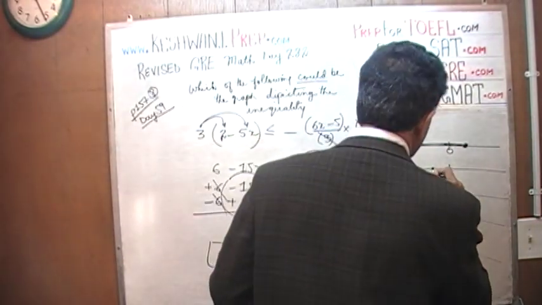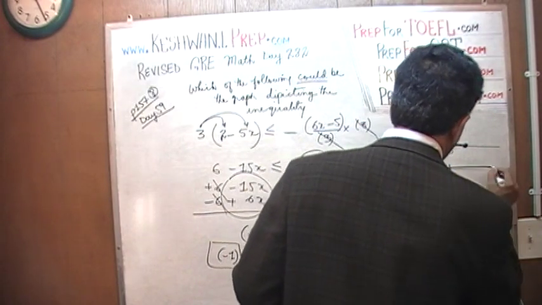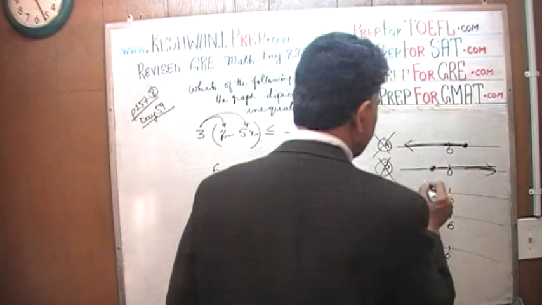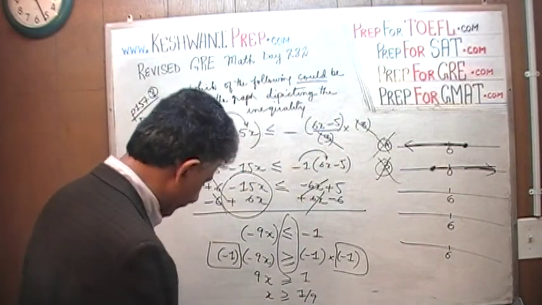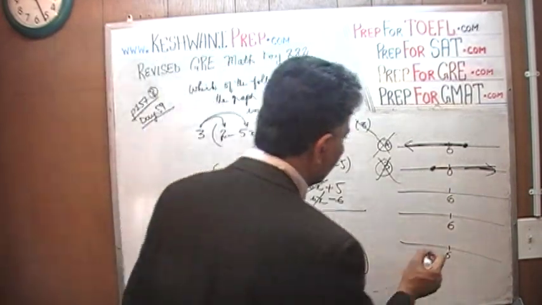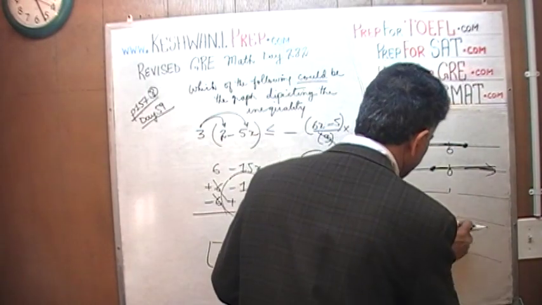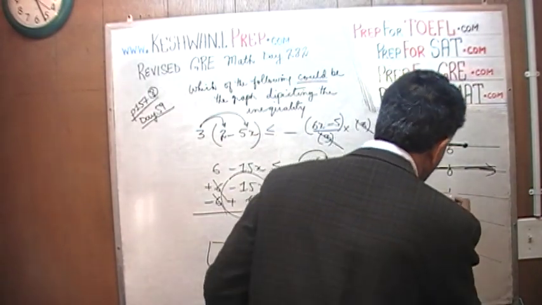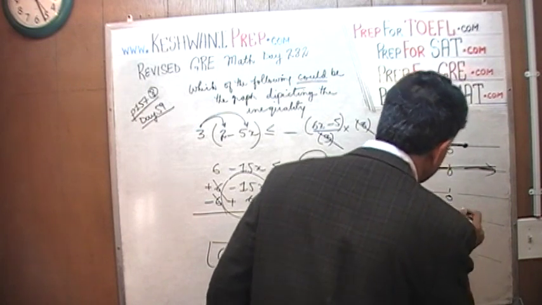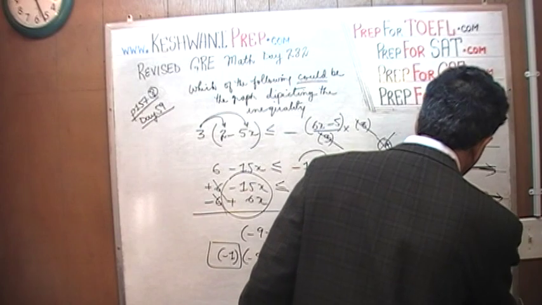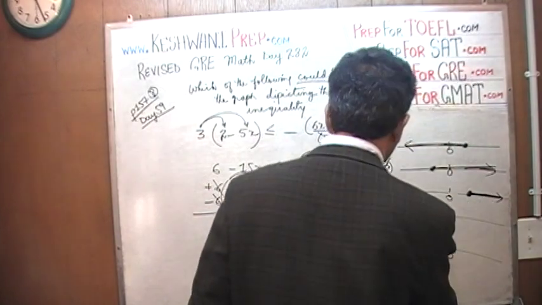B starts out in the negative territory. That's not what we're looking for. What we're looking for is something that looks like C. These are zeros, not sixes. This is a 0. That's it. That's our answer.